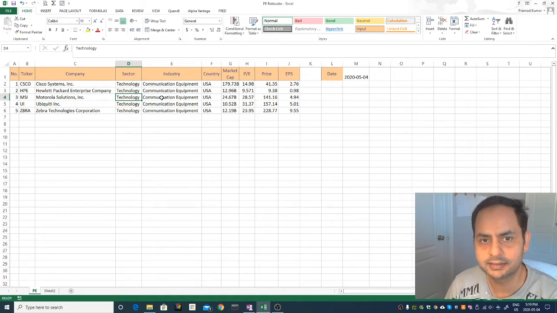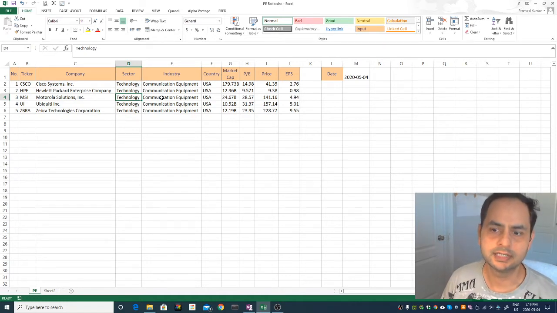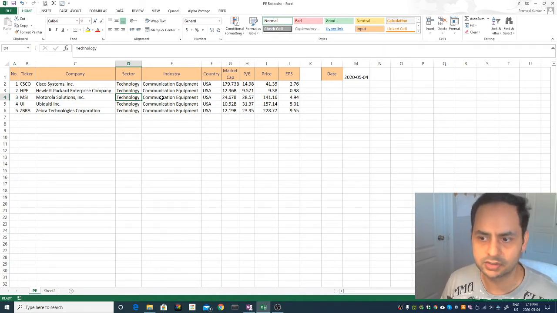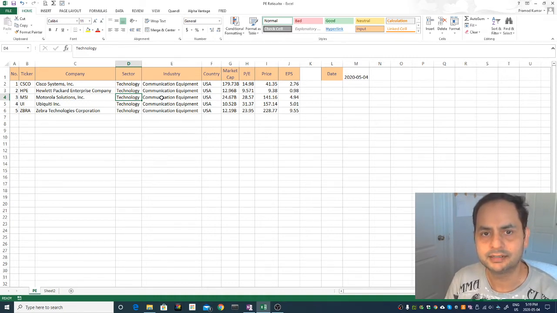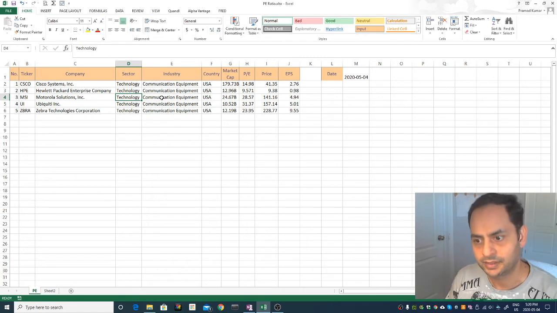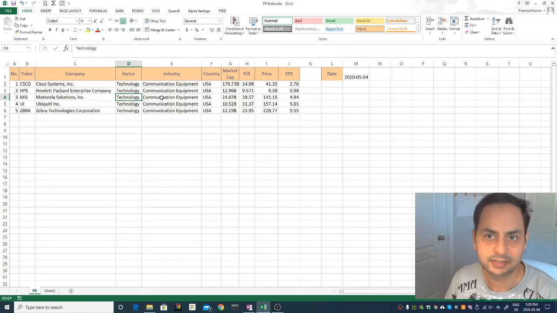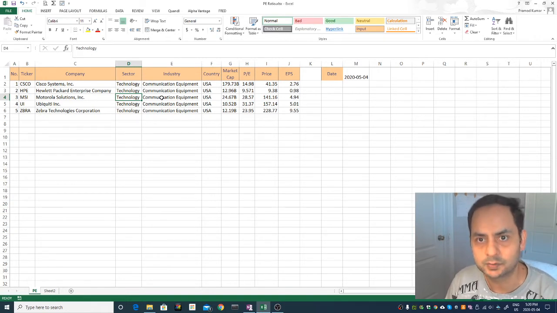Don't compare one in technology with another in consumer discretionary or finance, right? You should match apples to apples, because what is standard and higher in technology is not that common for other sectors, so you have to be careful on that one.